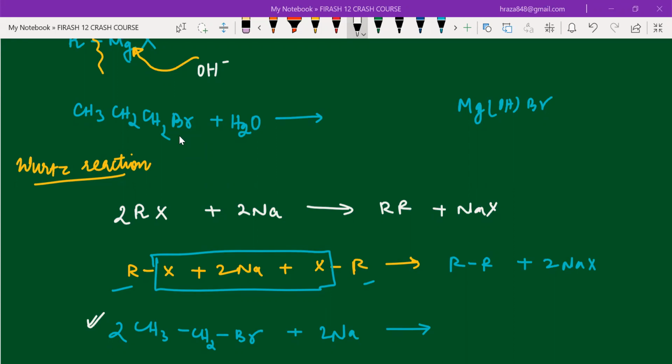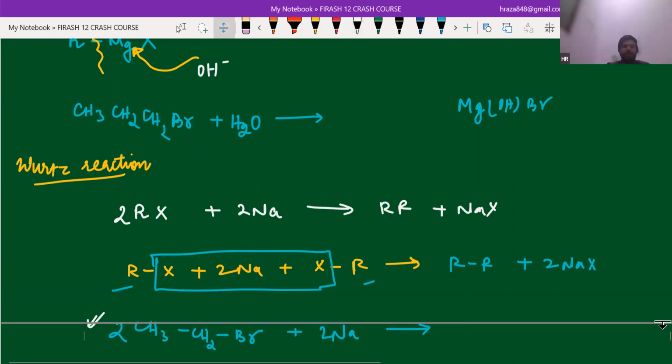So you'll have butane plus 2 NaBr. Yes, butane plus 2 NaBr.